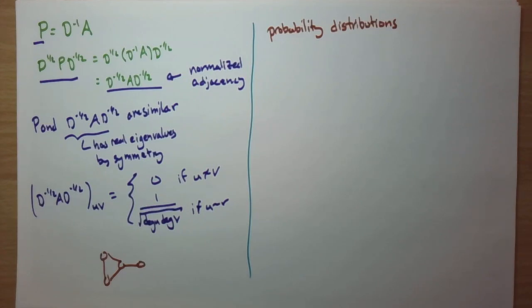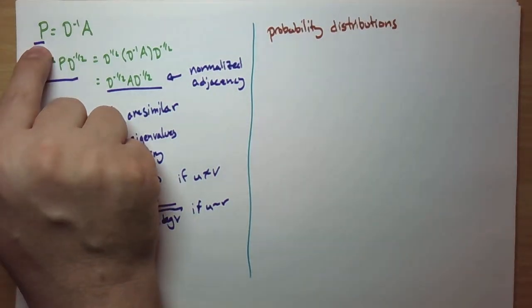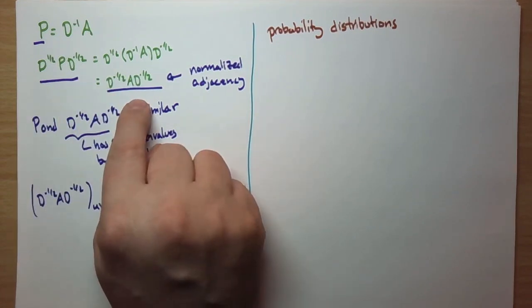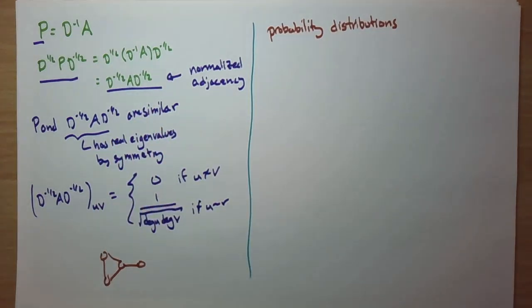There are certain things about left versus right eigenvectors that you can say, but you have to be careful, because left and right eigenvectors for P will be different, whereas for the normalized adjacency matrix they'll be the same. That's going to be an important difference when we get to what's called the stationary distribution, which, based on our current speed, we will not talk about today. But at the very least, we should define a probability distribution and say how we think about it.